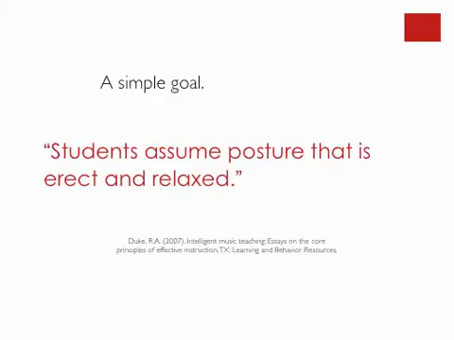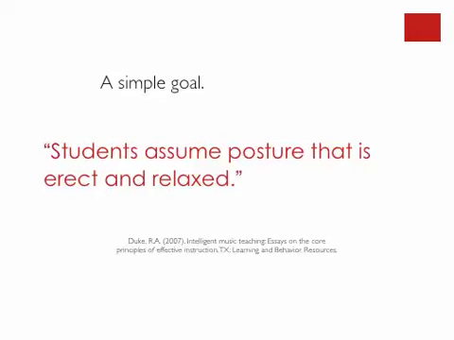So here, let's just take a very simple musical goal. We all want our students to assume posture that's erect and relaxed when they're playing their instruments or when they're singing. So we don't want too much tension, but we want good alignment.